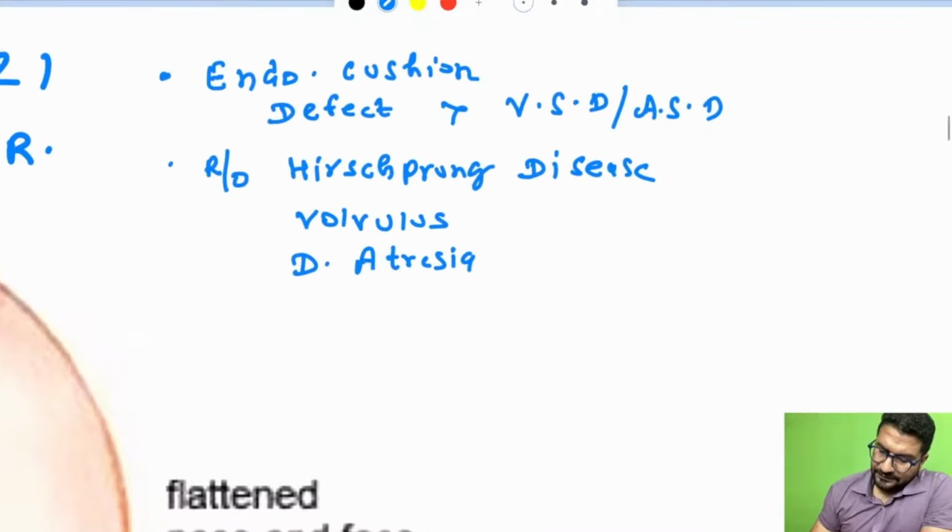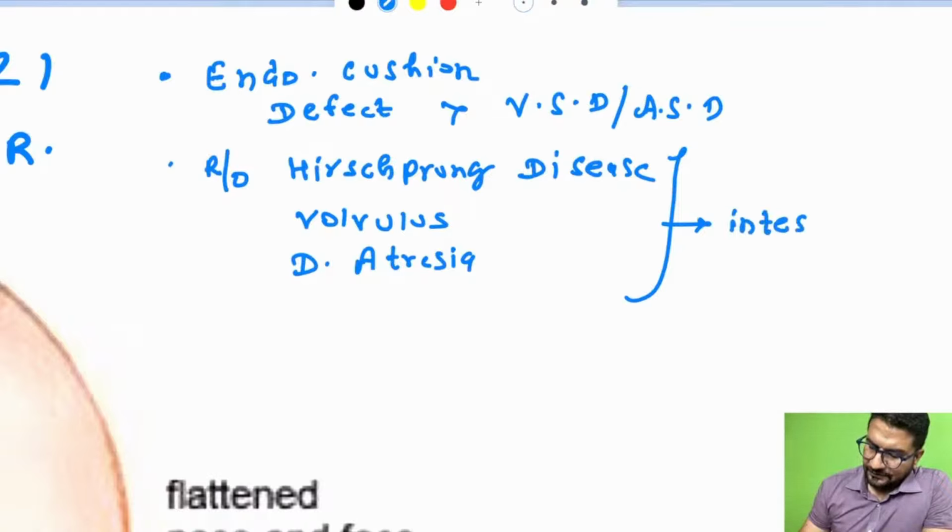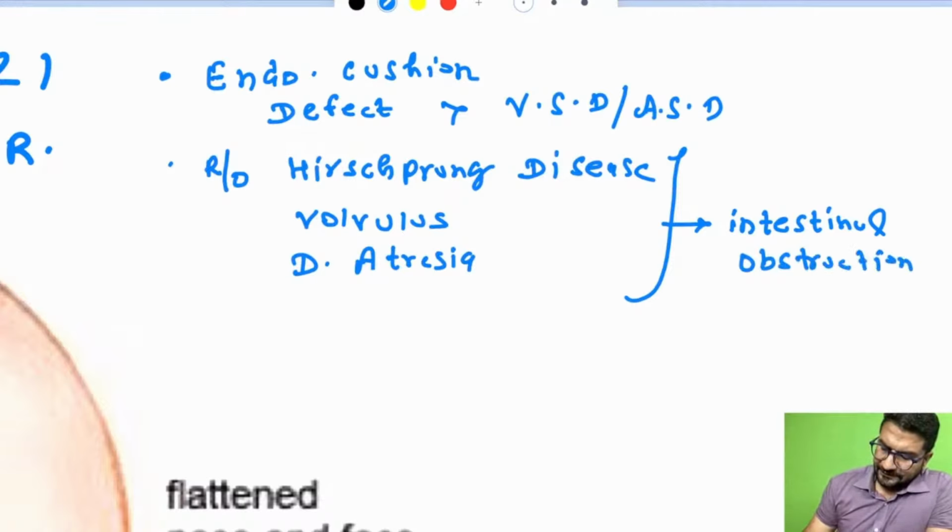Ultimately, from all three, whichever happens, there is a chance the patient can develop small intestinal obstruction. So there is chance of intestinal obstruction. I have seen a patient; I saw a child's death from this itself. Like all of a sudden he developed intestinal obstruction.